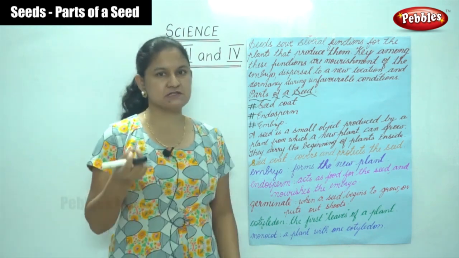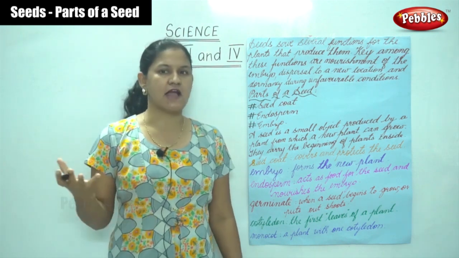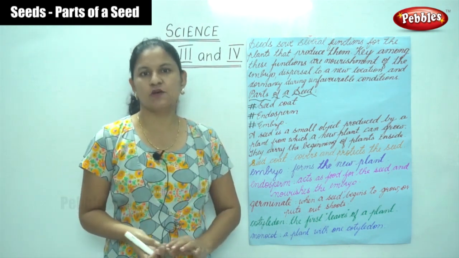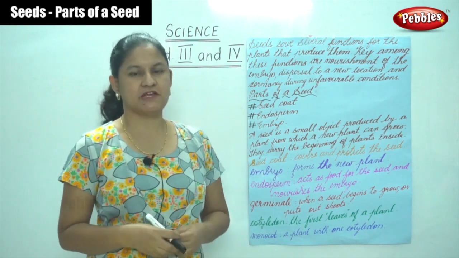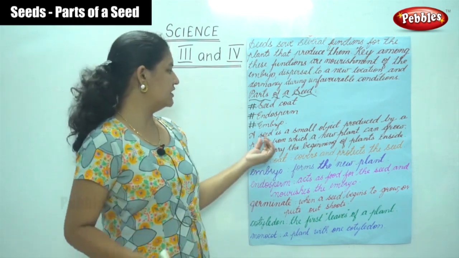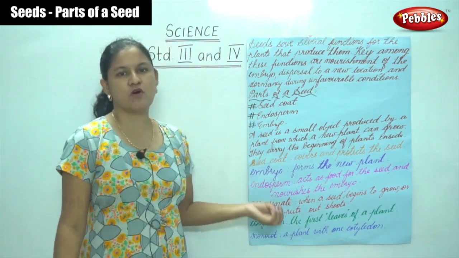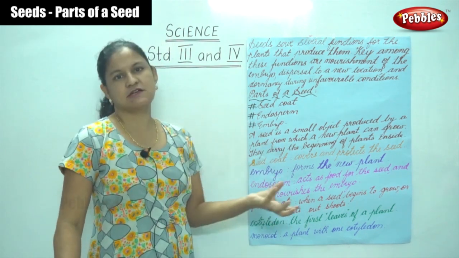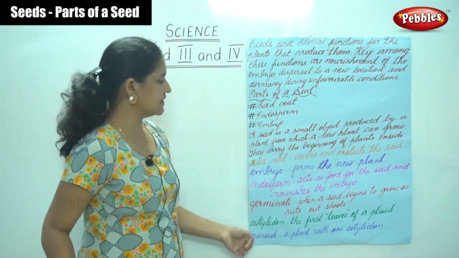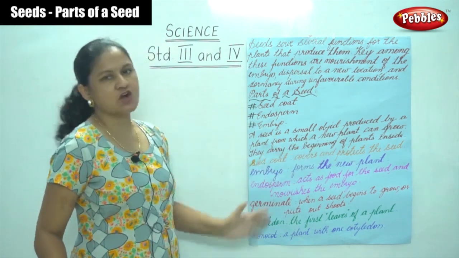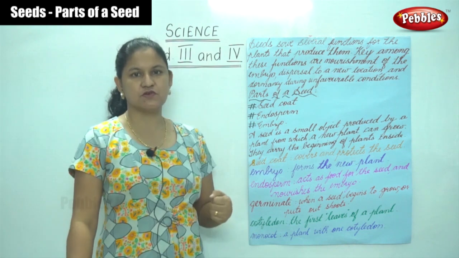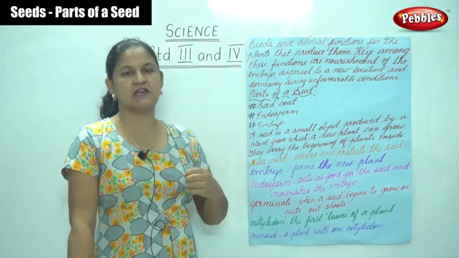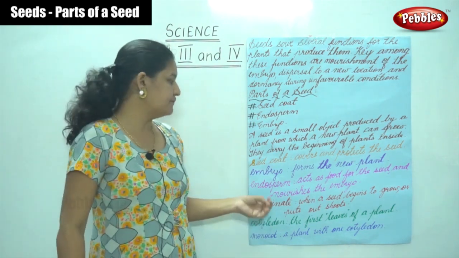You have the mustard seed, which is the smallest, and the mango seed, which is the biggest. They carry the beginning of plants inside.